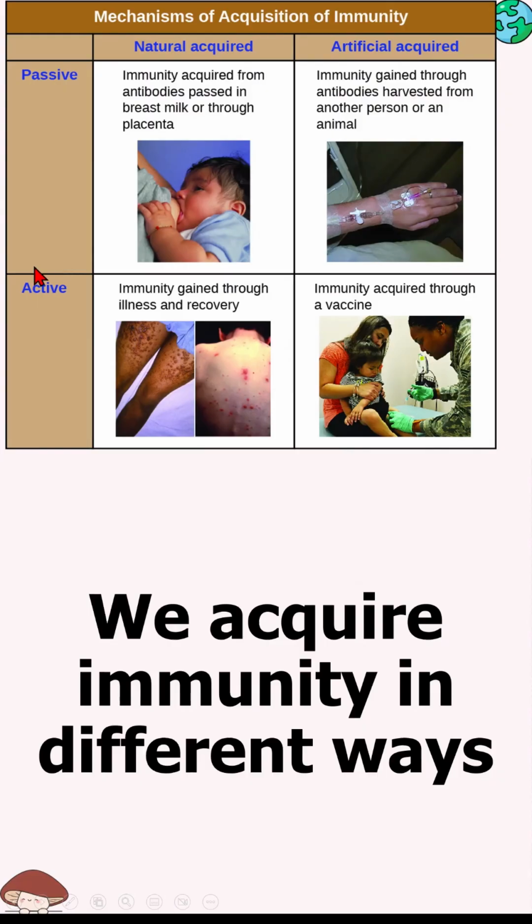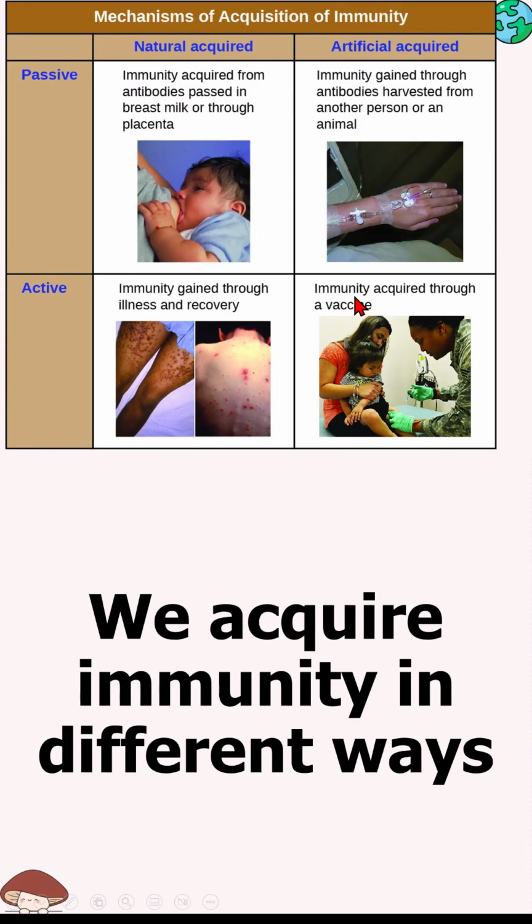Okay. And then there's active immunity. Active means that you yourself are making your own antibodies. And so there's the natural way where you get sick and then you recover and your body makes antibodies. That's just the normal way of doing it. But then of course there is the artificial way, which is essentially a vaccine.